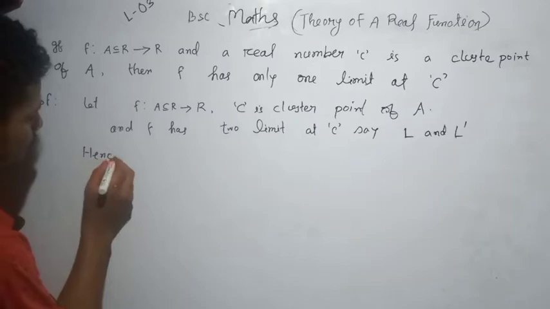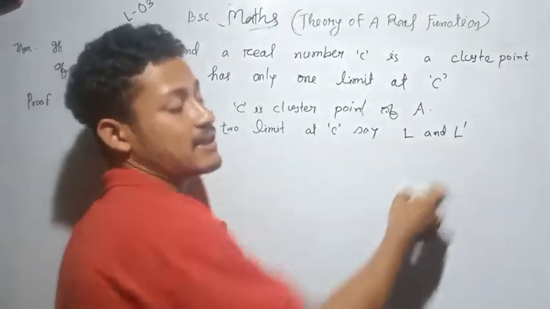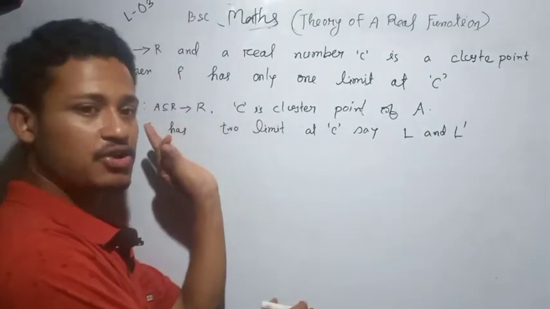Hence, we have assumed that L and L dash are two limits of this function f.